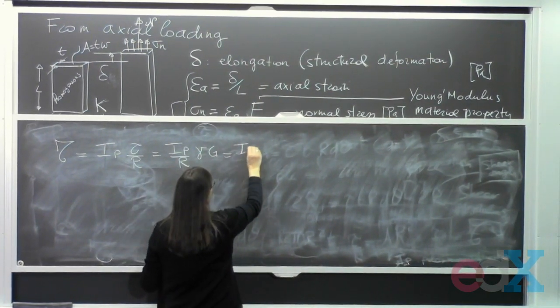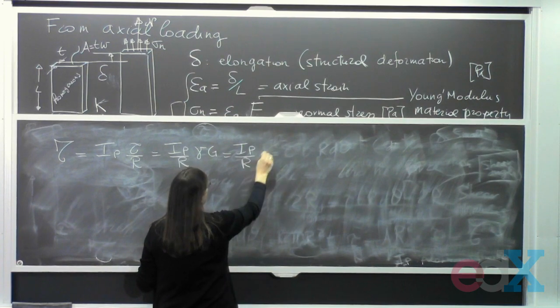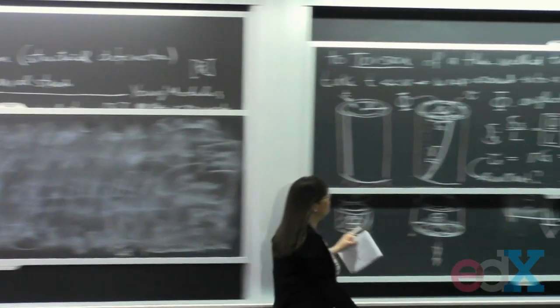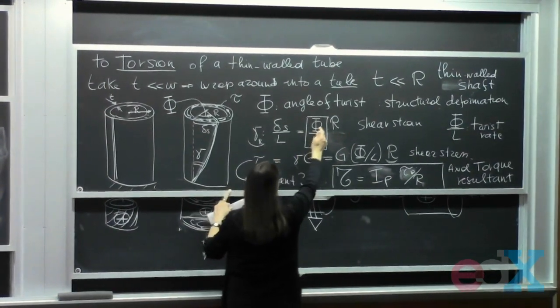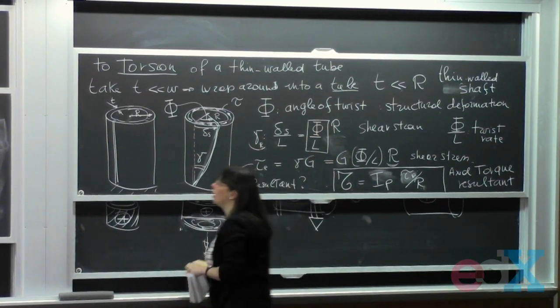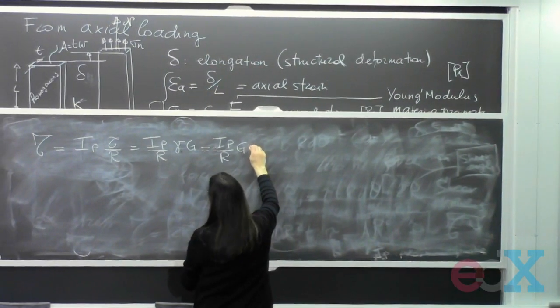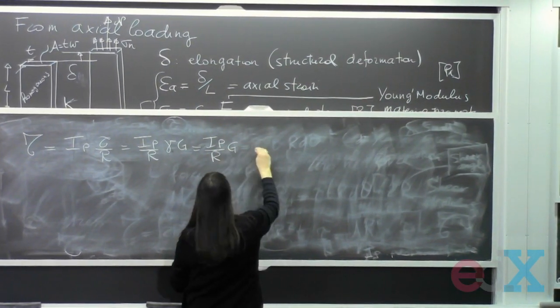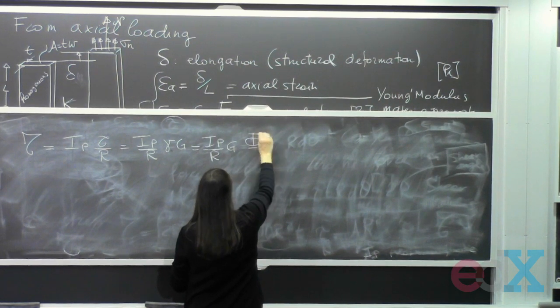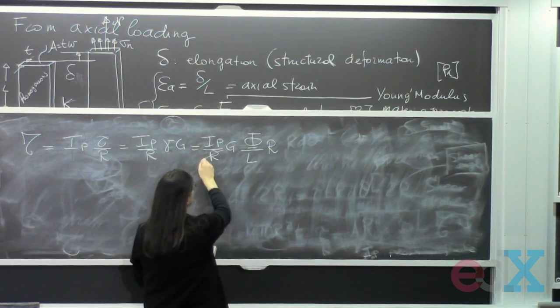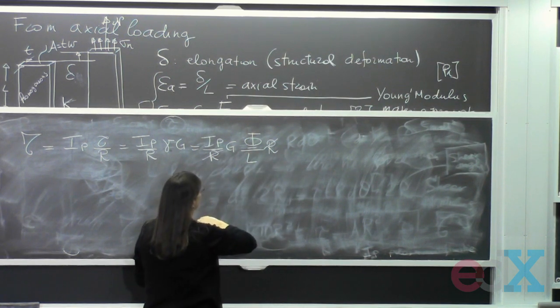So this is IP over R times G times gamma. My gamma is phi over L times R. So I have phi over L times R. This guy and this guy cancel out.